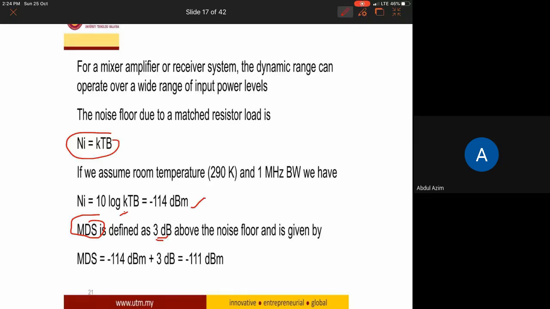If you have the graph just now, the graph is something like this. This is MDS, and this is the noise level, which has a difference of 3 dB.